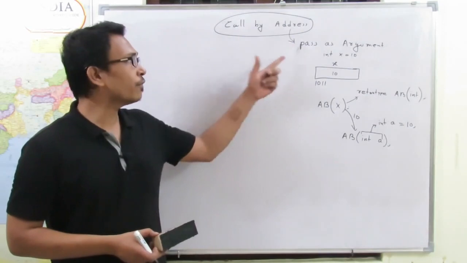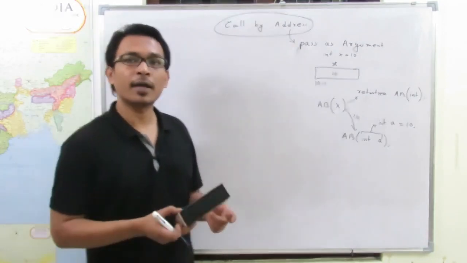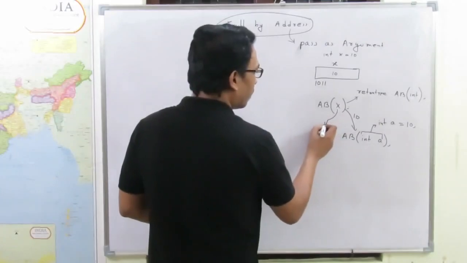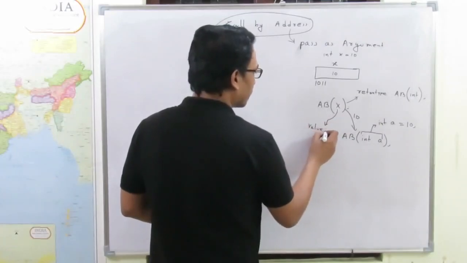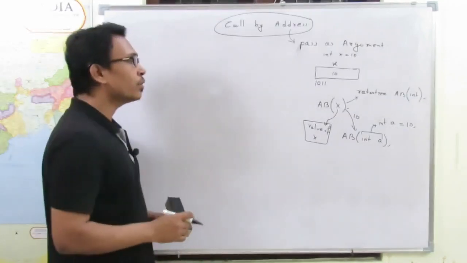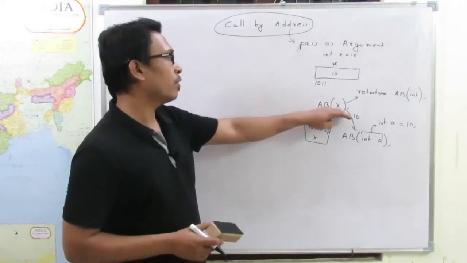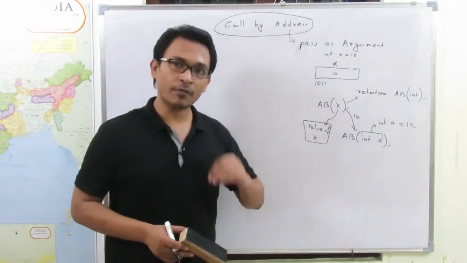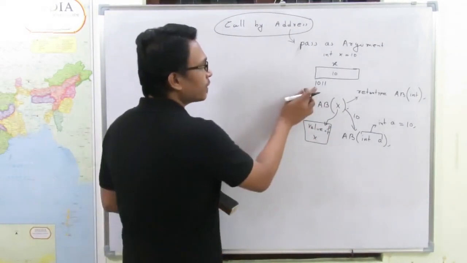Now in case of call by address, what happened? Look here, in call by value we pass the value of x, but in case of call by address, we are not going to pass the value of x. We will pass the address of x. Now what is the address of x?